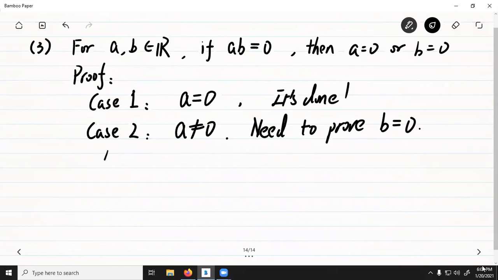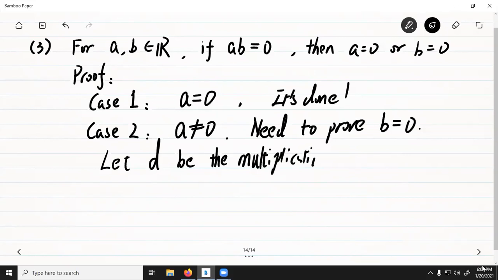So we let D, letter D, be the multiplicative inverse of A.